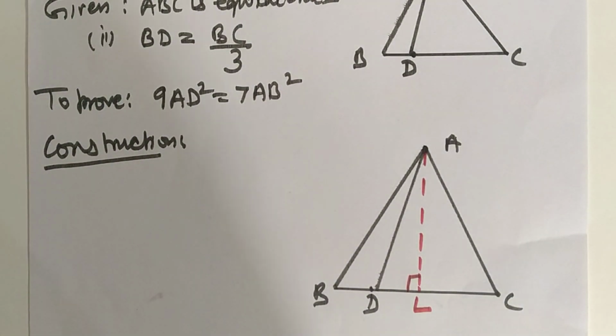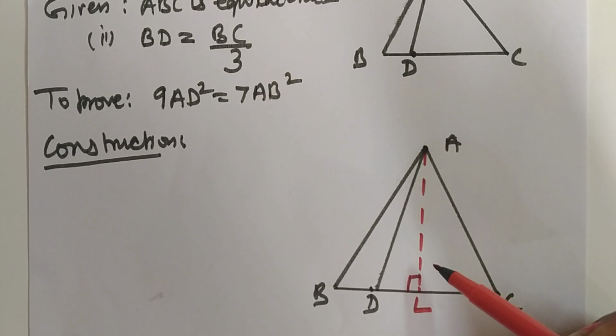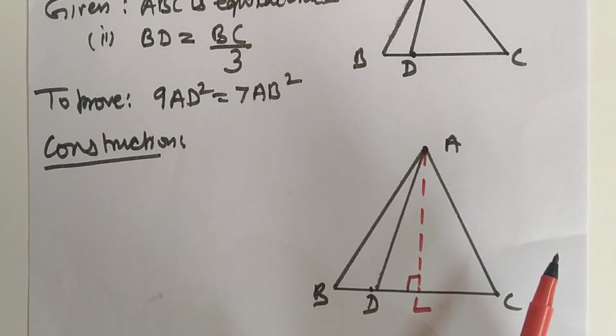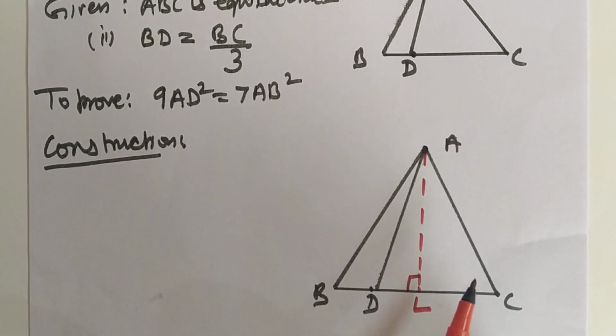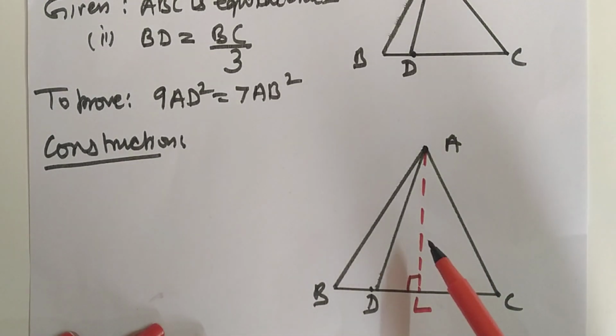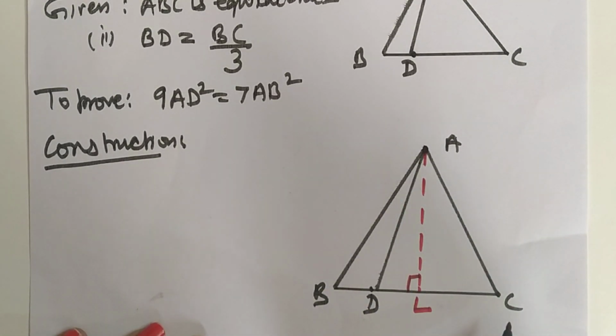Now the very important thing regarding the equilateral triangle is this: when we draw a perpendicular from any vertex on the base, it will behave as a median also. What do we mean by median? A median divides the base into two equal parts, or bisects the base. So here AL is bisecting BC.